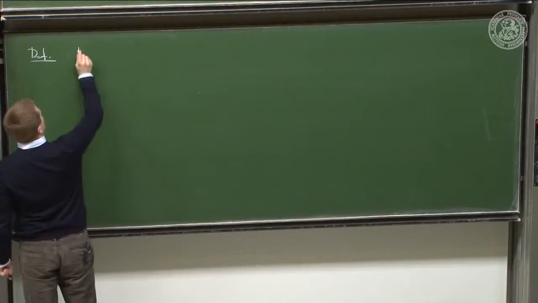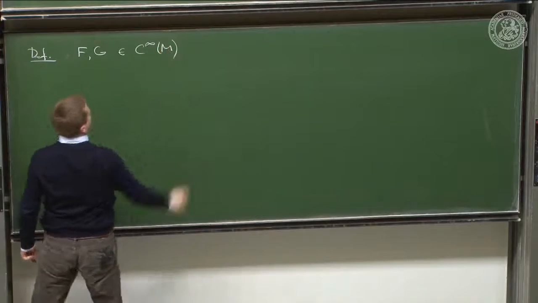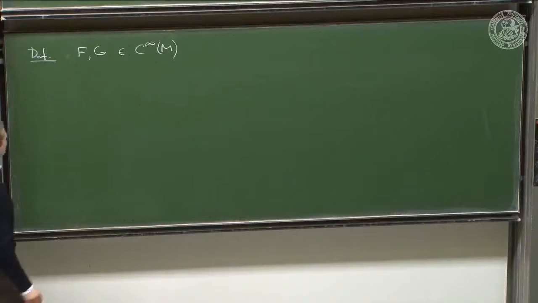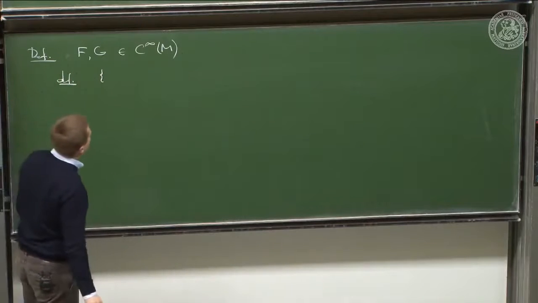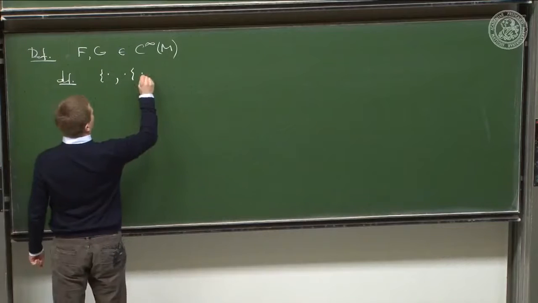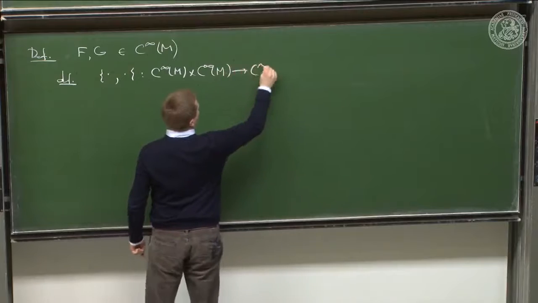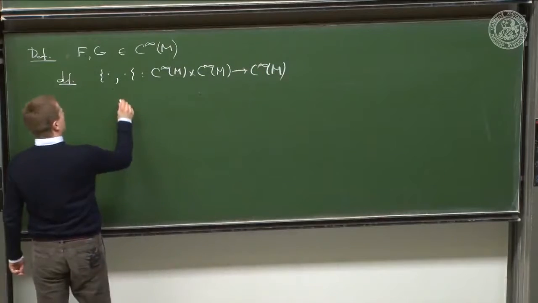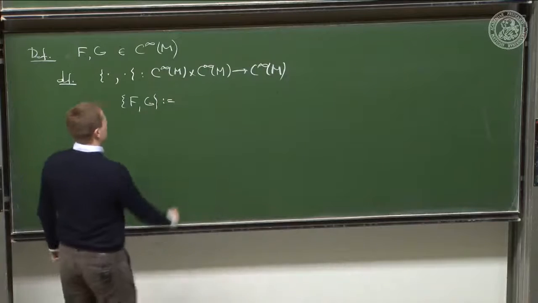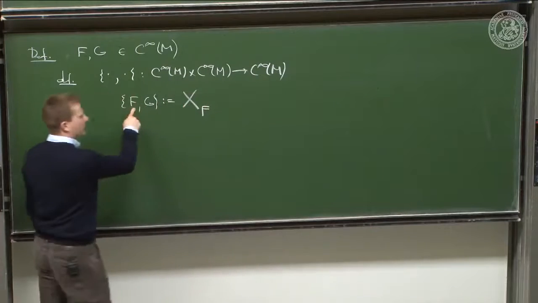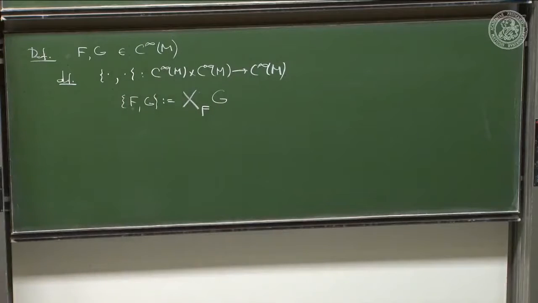So the definition is, if f and g are observables, so smooth functions on the symplectic manifold, then we define a bilinear map from C infinity M cross C infinity M back to the observables C infinity M by letting {f,g} be the action of the Hamiltonian vector field of the first one acting on the second one.